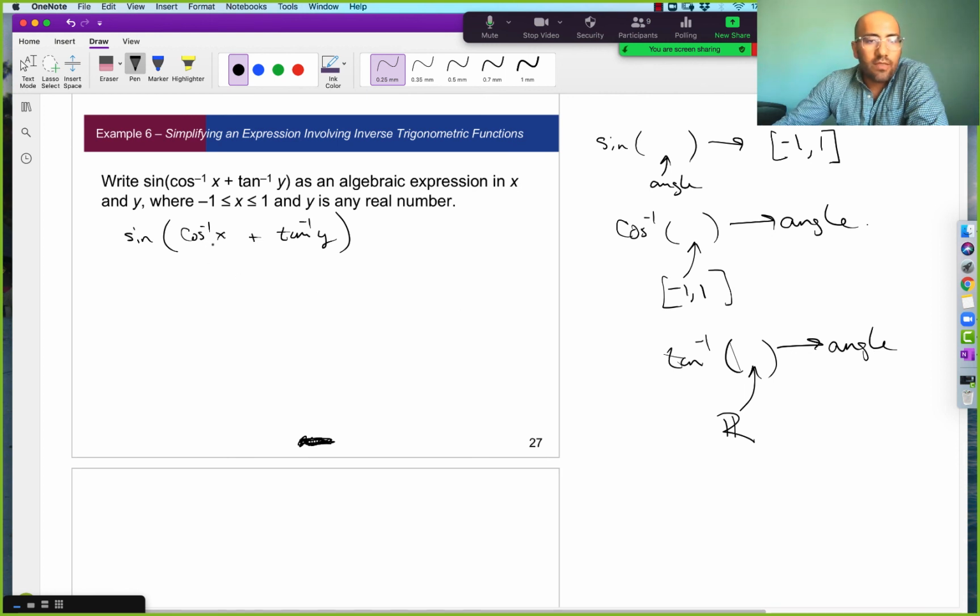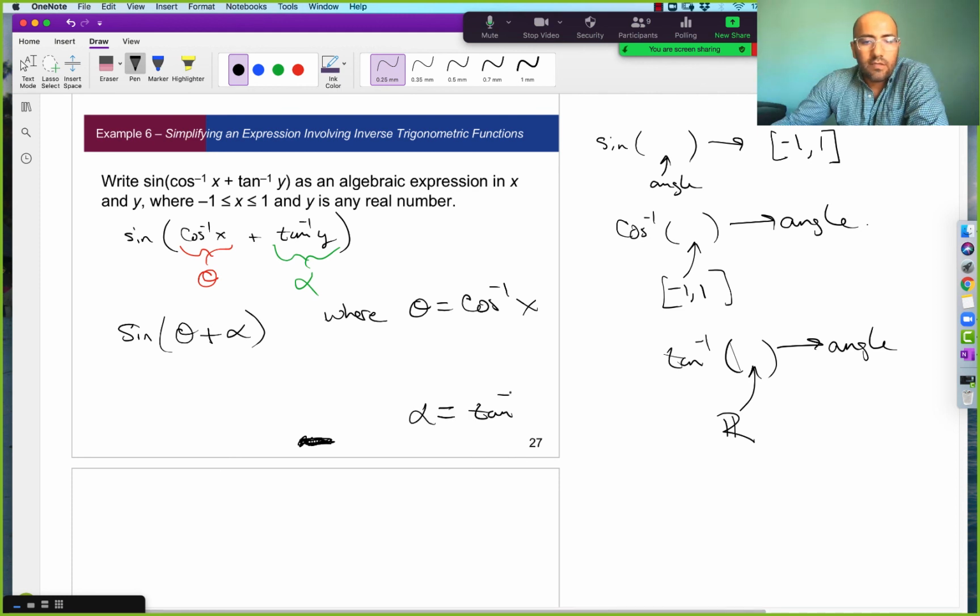Good. So this is an angle. I'm going to say that this is some angle theta, and this is some angle alpha. So I'm really asking to find sine of theta plus alpha, where theta equals cosine inverse of x, and alpha equals tangent inverse of y.